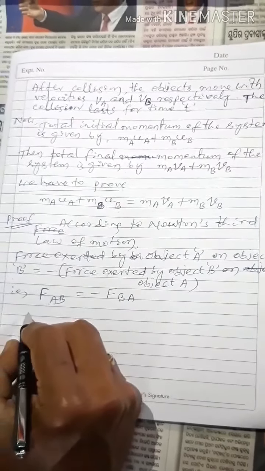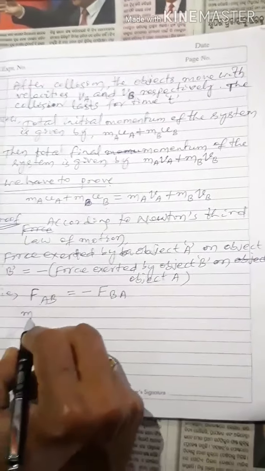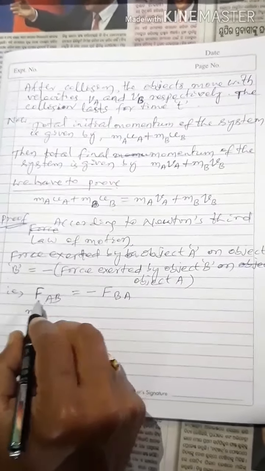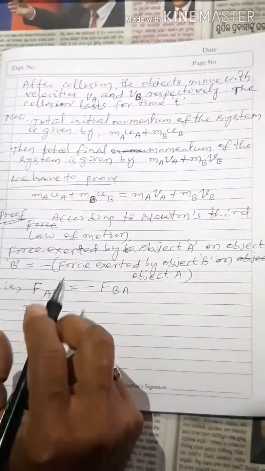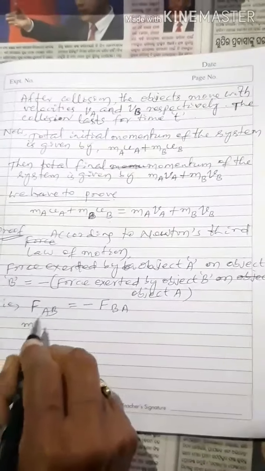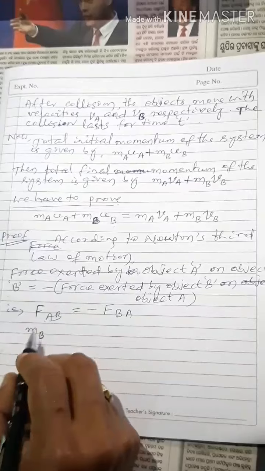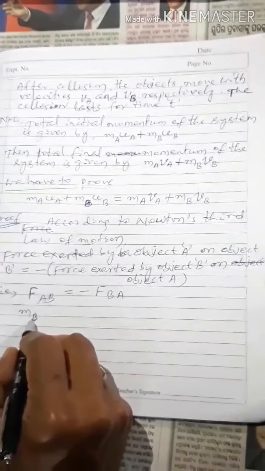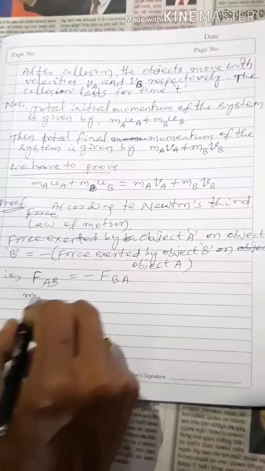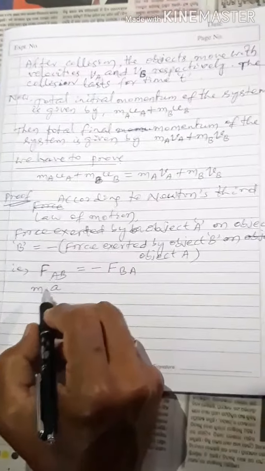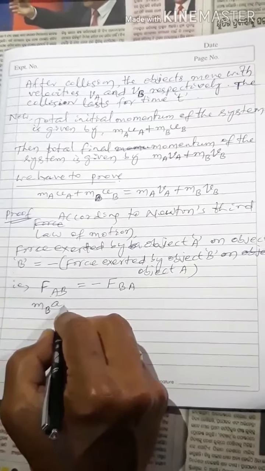So that is MB into A. We have already known that F, force, is equal to MA. So the force on B means the mass of object B, that is MB, into acceleration of object B, that is AB.